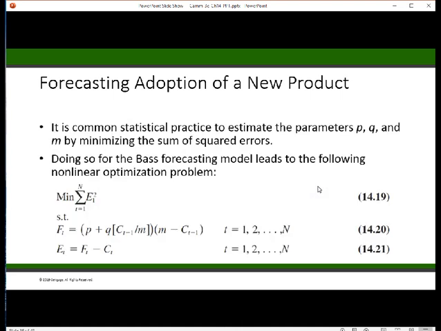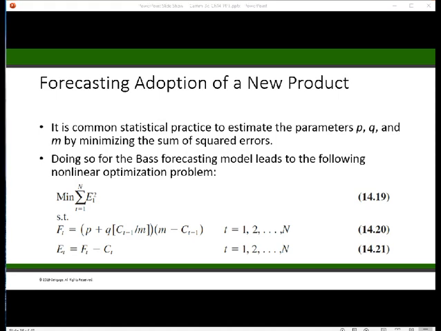So here's what we get for our nonlinear optimization: we want to minimize the sum of error squared subject to the various functions.